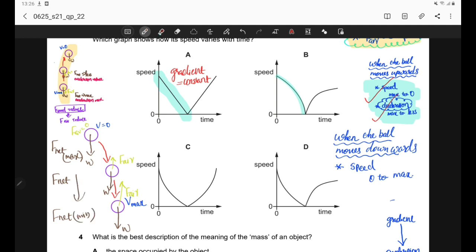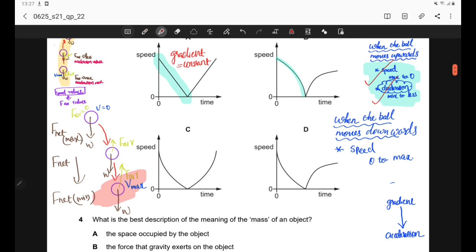At the bottom position, the weight is acting downwards but a very high resistive force is acting in the opposite direction. So in order to calculate the net force, we need to subtract this. Therefore the net force will be minimum when the ball is at the final stage.